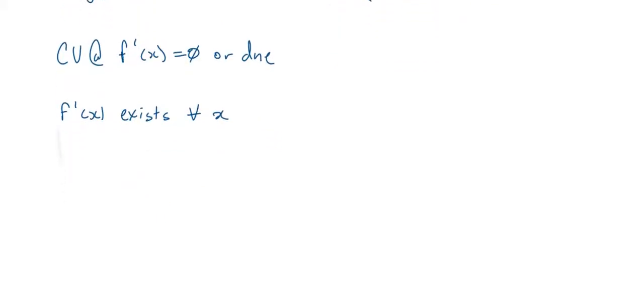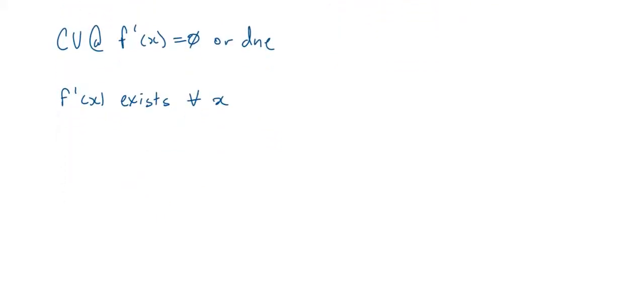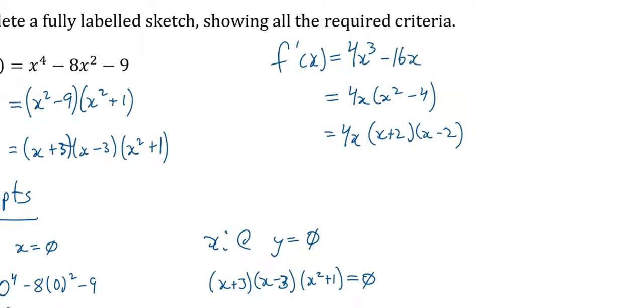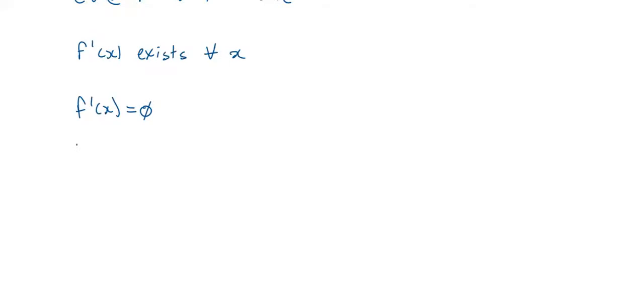Okay. Now we're going to do where f prime equals 0. And again, we've already done the work for it, so it's trivial. I would usually just state it, but in this case, I'm going to write it out. So this is where 4x(x + 2)(x - 2) equals 0.